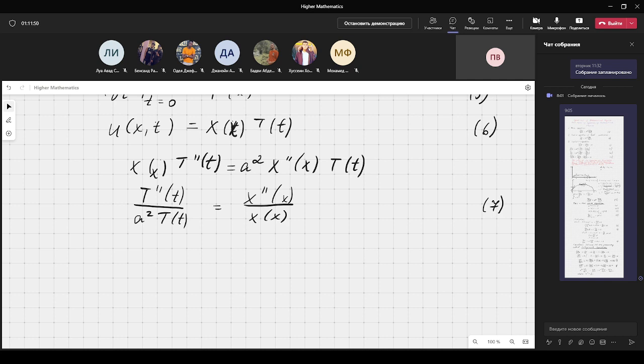Later on, we will consider the case lambda less than 0. Thus, T' over a squared T equals X'' over X equals minus lambda.